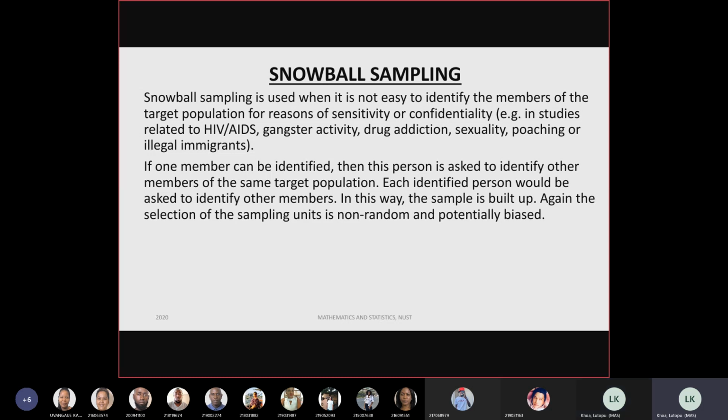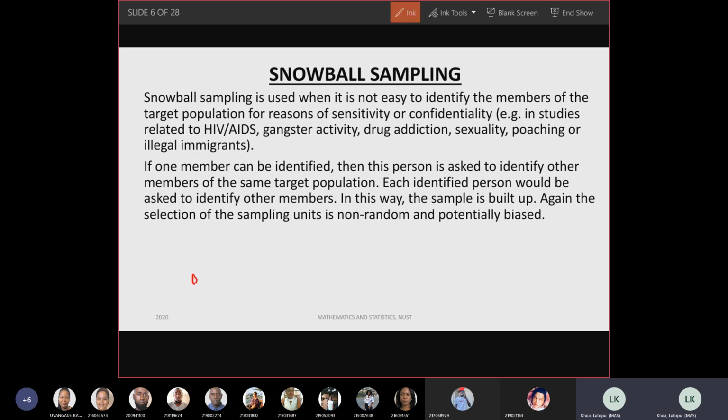Let me see if this will work. So you start with 1 person, then they refer you to 2 people, then those 2 people refer you to maybe 2 people. This is another person here, like that. So it's like a snowball. So if you've seen a snowball that is rolling down a mountain, you'll see that it just keeps getting bigger, bigger, and bigger.